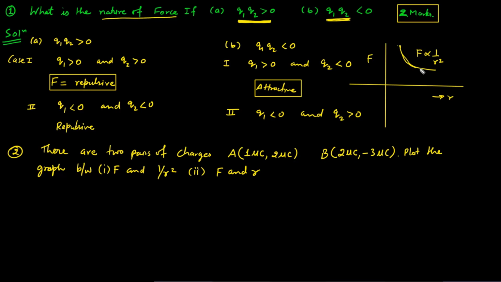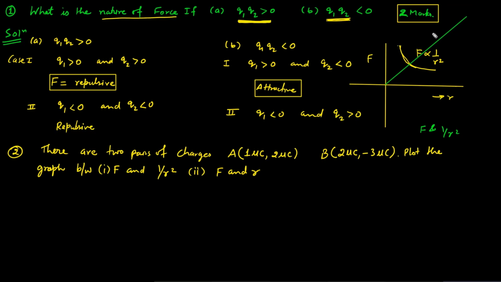But suppose I want to plot the graph for F proportional to 1 by R square. Remember what I am saying: F and 1 upon R square. In that situation, the graph is going to be a straight line, this one.